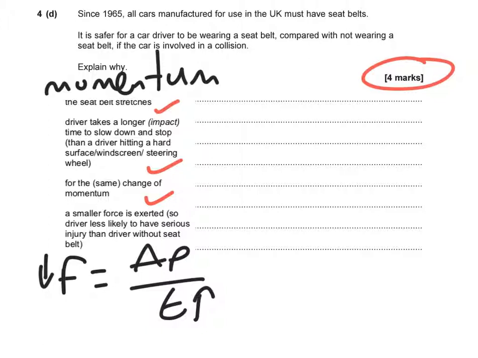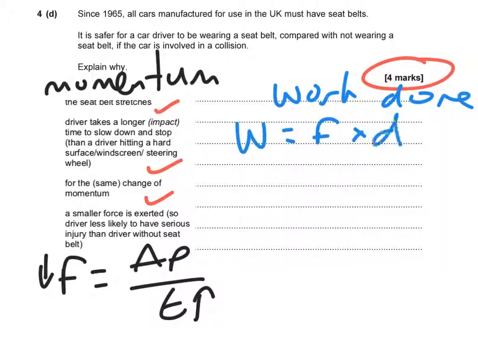The next method for explaining why it's safer to wear a seatbelt is in terms of work done. Remember that work done equals force times distance. So force equals work done over distance. So if we start with the same part that we had before, the seat belt stretches.